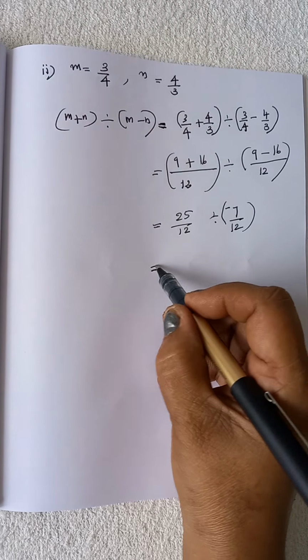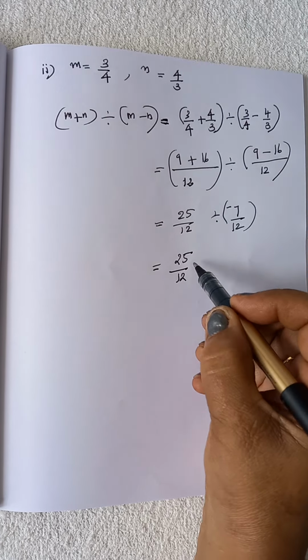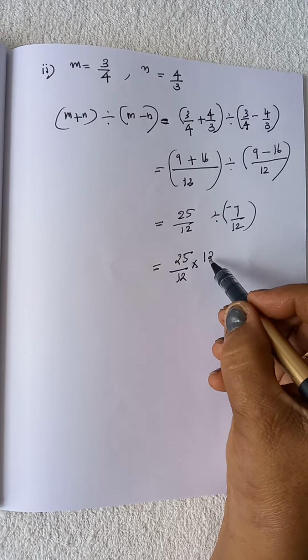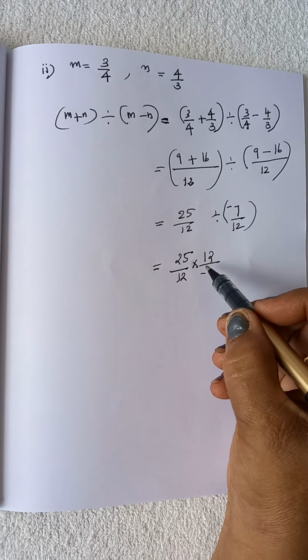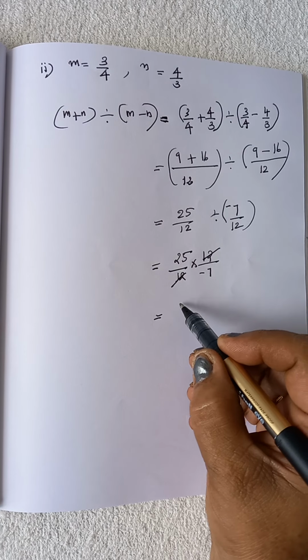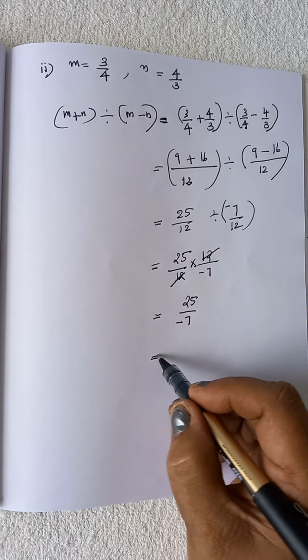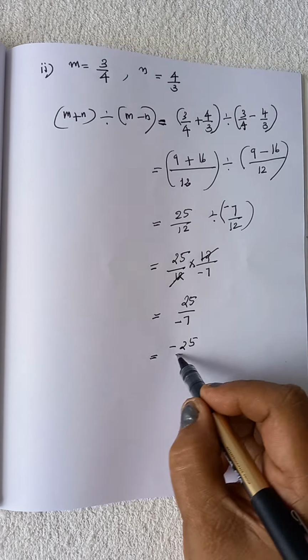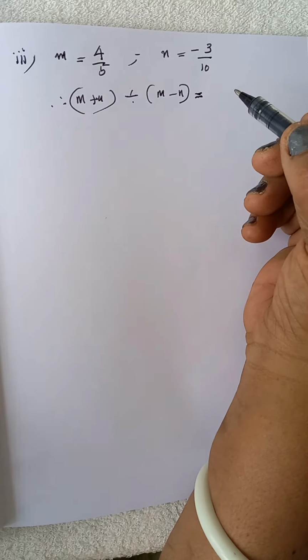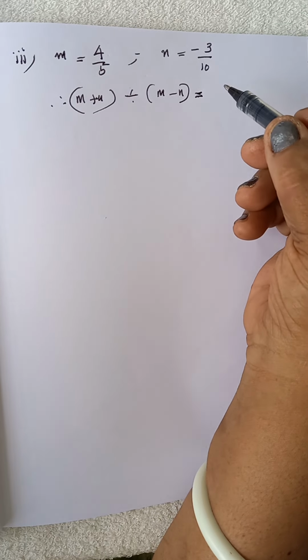Now as division is the inverse of multiplication, we can write 25 by 12 into 12 by minus 7. Here we can cancel 12 and 12. So what is remaining? 25 by minus 7. That in standard form will give you minus 25 by 7. That is the answer.